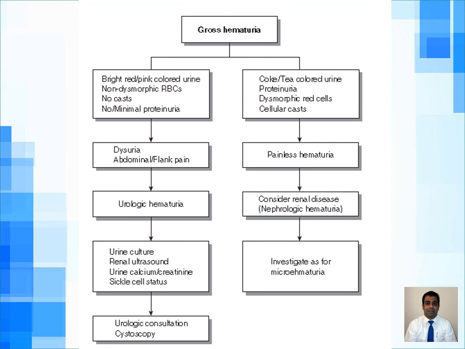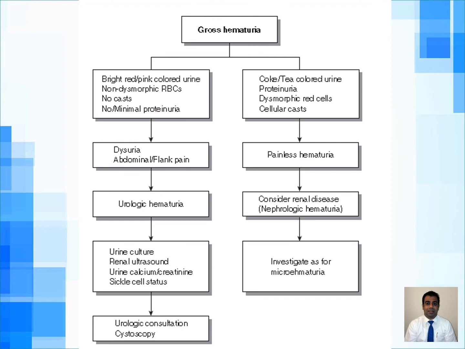So you do a urine culture, ultrasound scan, calcium creatinine ratio, and sickle cell status, and you might need a urological consultation for cystoscopy. If the hematuria is Coca-Cola colored with significant proteinuria, dysmorphic cells, and cellular casts, that would indicate an upper tract or glomerular bleed, and the hematuria would usually be painless.